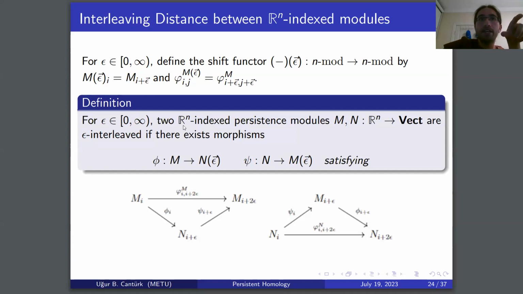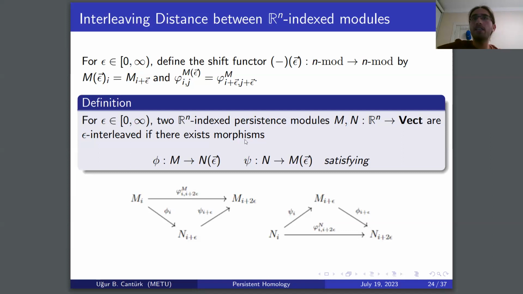And again, for two R^n-indexed persistent modules, we say that they are ε-interleaved if there exist morphisms φ and ψ satisfying these commutative diagrams. Here, φ from M to N(ε) and ψ from N to M(ε). So we are just trying to obtain these diagrams as commutative.